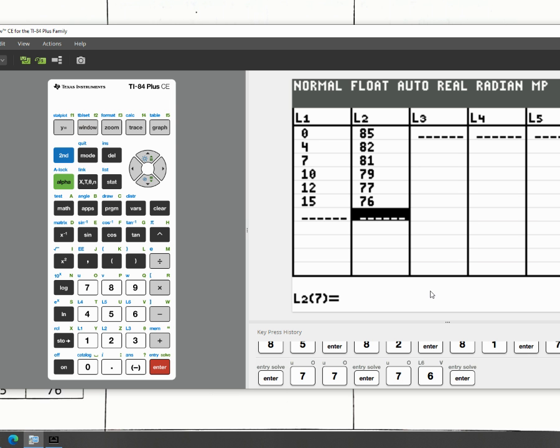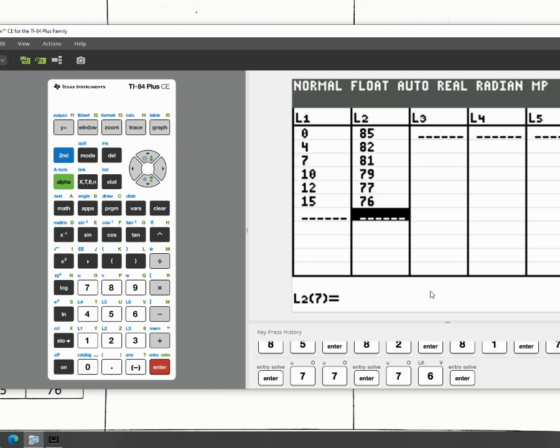Remember, what did I tell you we want to do now? We want to look at it and determine, does it look more like a line? Does it look more like a quadratic? Does it look more like an exponential? Or does it look more like a logarithmic function? So we've got to go graph it. Now, in the past, where have I told you that we go to graph?